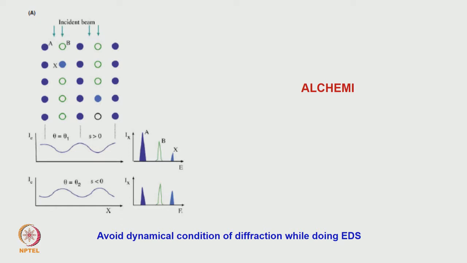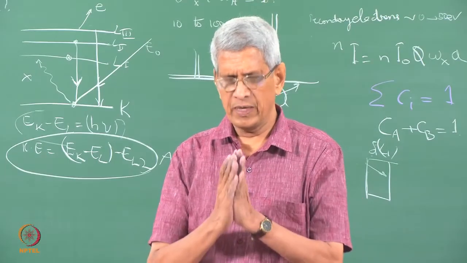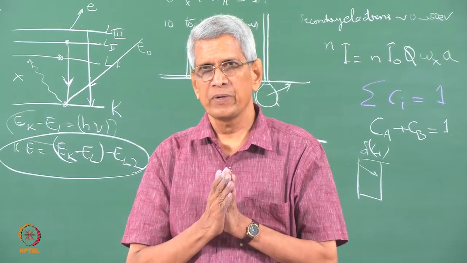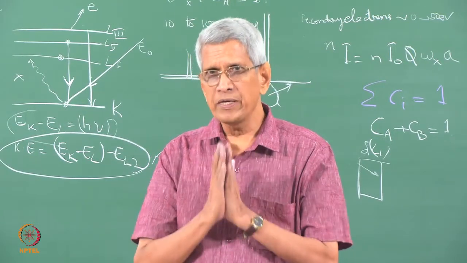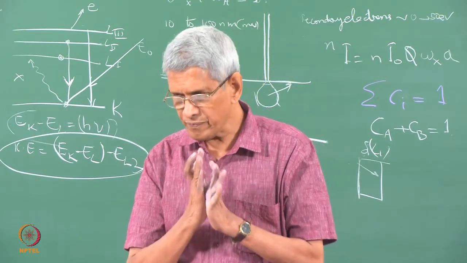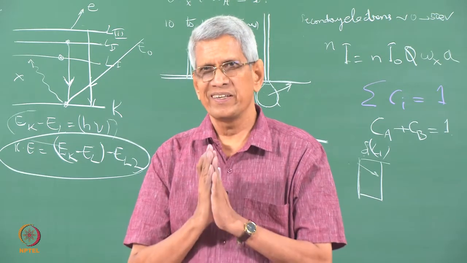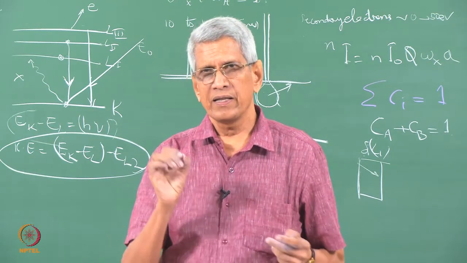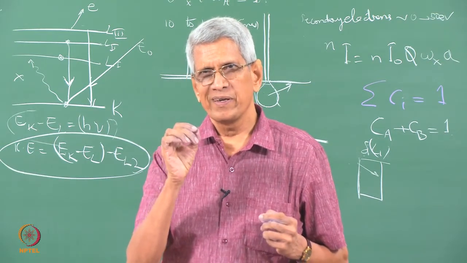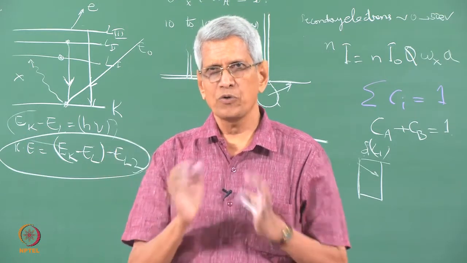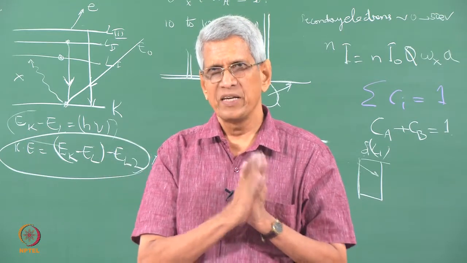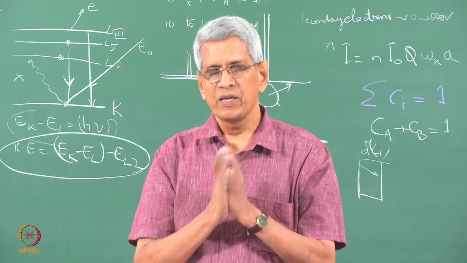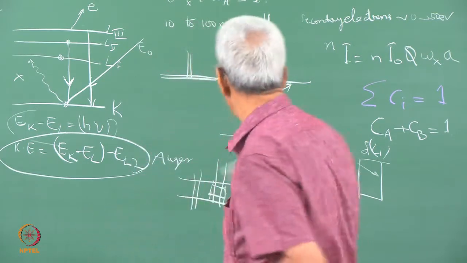Another thing which is very important is that when the electron beam is passing through the sample, depending upon which Bloch wave is excited, either the electron concentration could become very high on the atom planes, or it could be high in between the atom planes.